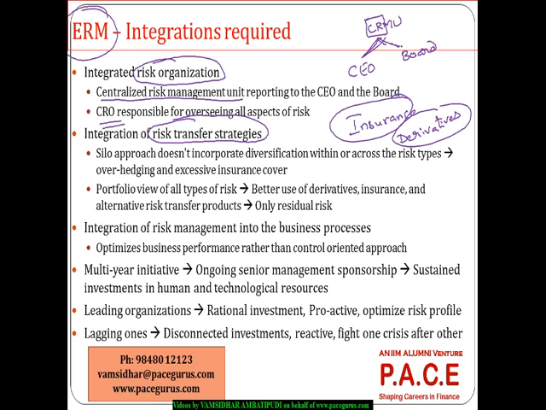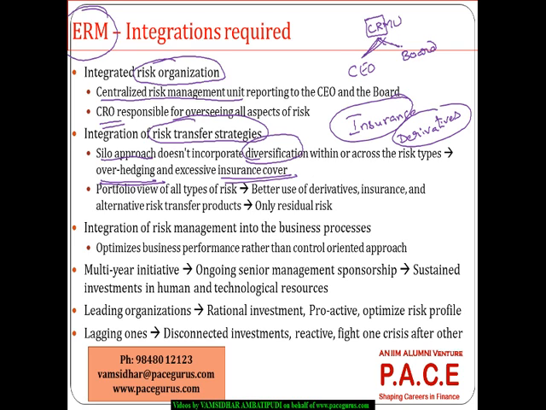So the risk transfer strategies cannot work in a silo based approach, because it does not incorporate the diversification across the different types of risk, which could result in an overhedged scenario, because the portfolio benefit that naturally comes out of these risks is not being exploited. So it results in overhedging, and insurance cover goes more and more excess.